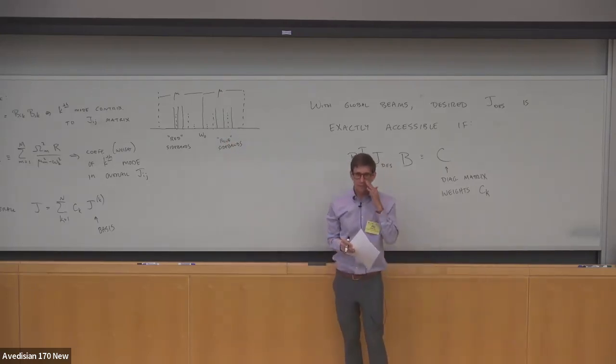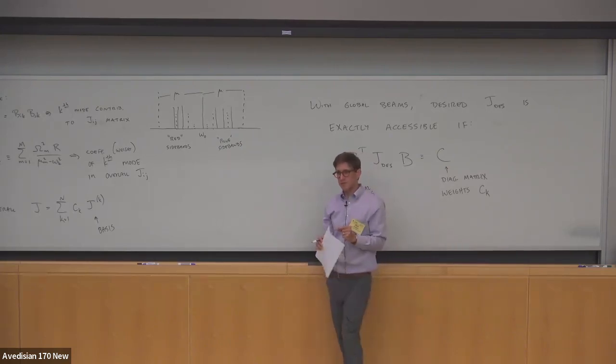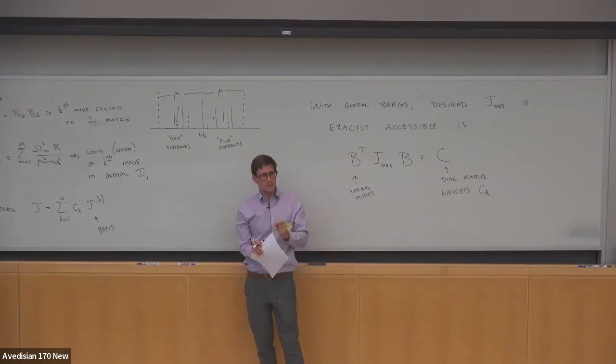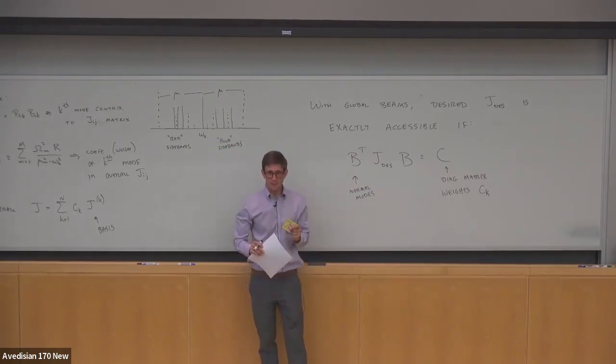As soon as you start exciting phonons, you have to worry about closing phase space loops, which is the fancy way of saying you have to make it so that at the particular time that you're stopping your quantum simulation, all of the entanglement is back in the spin degrees of freedom and not in the motion anymore.